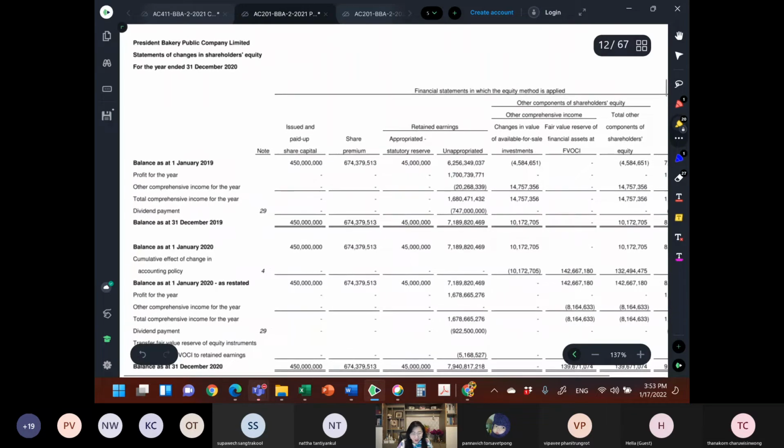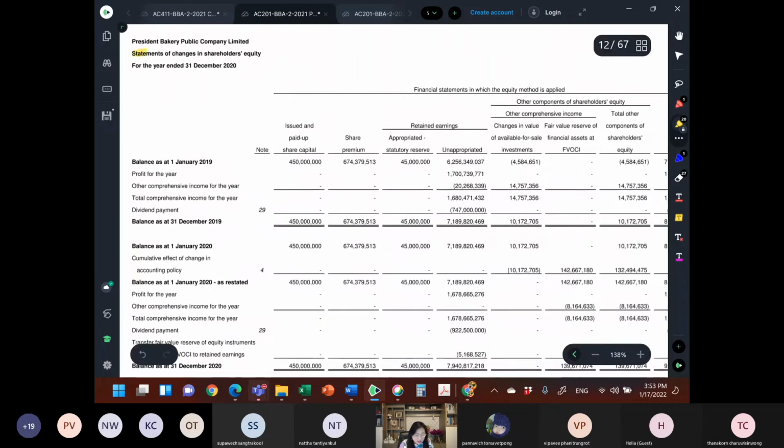If you look at the statement of changes in equity, you get to see the share capital, share premium, and retained earnings as well. So they will be presented in both statements with a different level of detail, right? Okay.